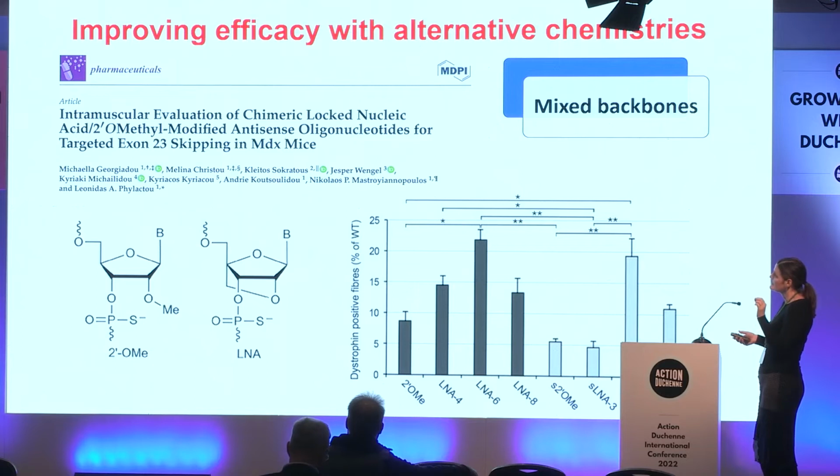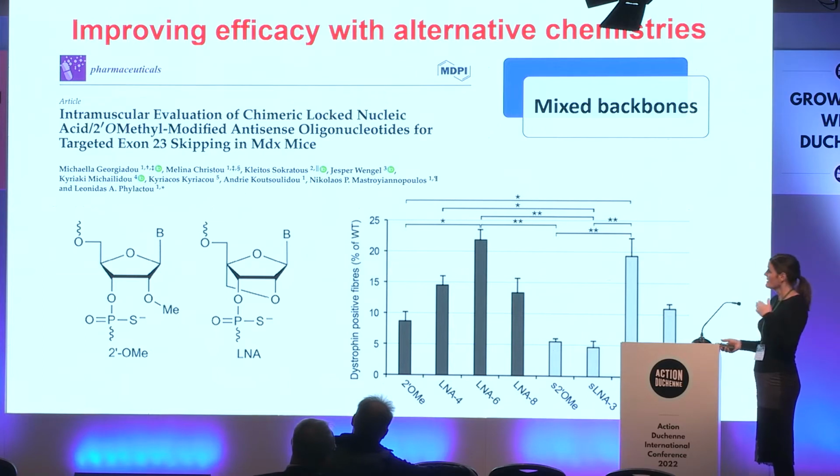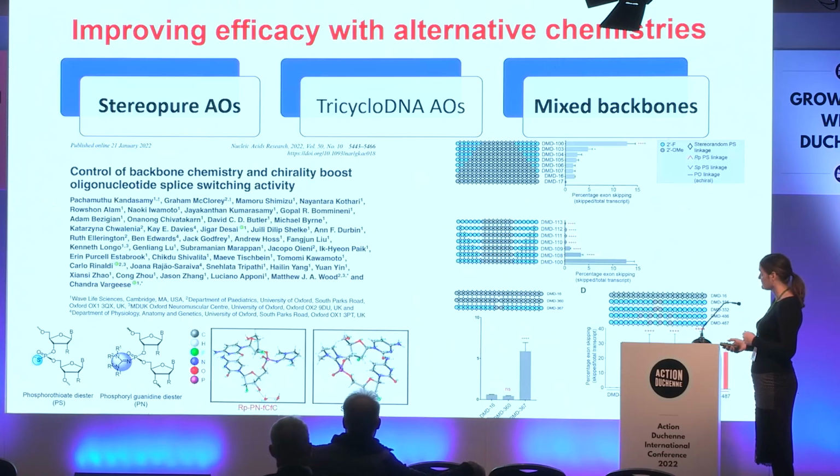But they introduced these LNAs to enhance the stability and also the delivery in terms of how strongly the antisense binds to its target, which is really important. So it binds much more strongly, and they give a higher percentage of dystrophin-positive fibres. So it looks like it works and should be developed further.